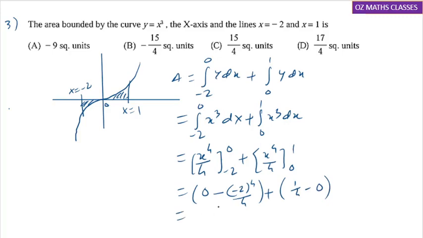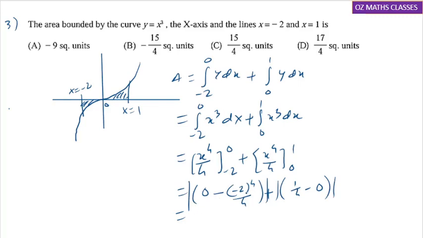It is an area, so the area will be taken in mod. Both areas will be positive. If negative is coming, take the positive, because area, volume, and length cannot be negative.